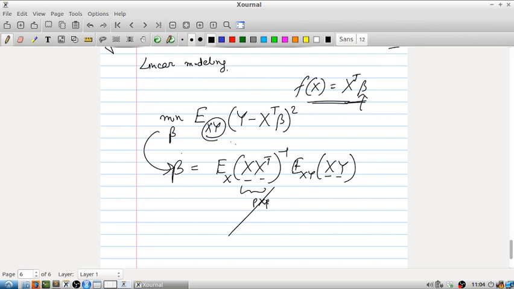So x is p cross 1, and x transpose is 1 cross p. So x x transpose is a p cross p matrix. It's actually related to the covariance matrix, if you remember, but it's not necessary here. And this other term is just a vector, because x is a p cross 1 vector and y is just a scalar, let's say y is just a 1 cross 1 thing.